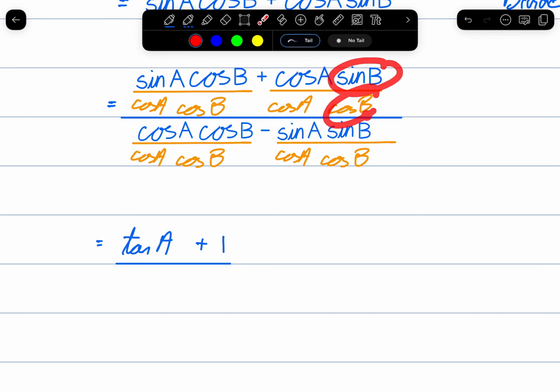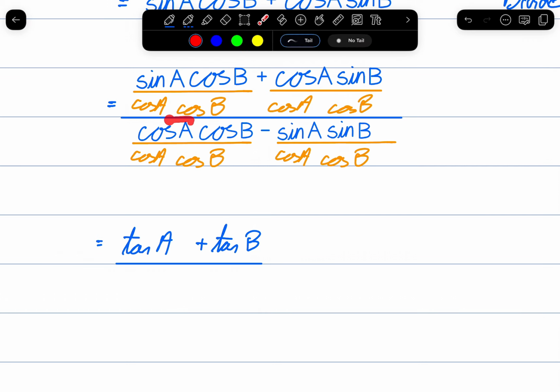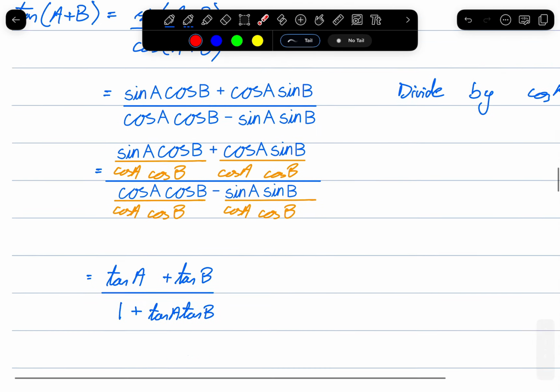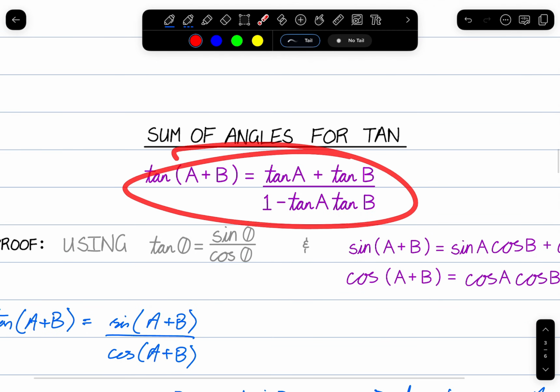That's sine B over cos B. That's going to be tan B. This one as well. Cos A cancels. Cos B cancels. Plus sine A over cos A becomes tan A. And sine B over cos B becomes tan of B. And there is our proof. Tan A plus B is this identity that we have here. And there is our proof.